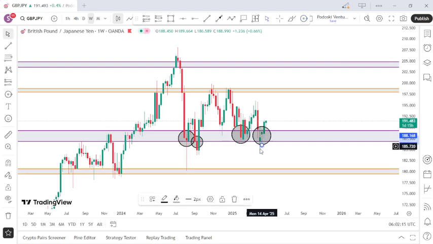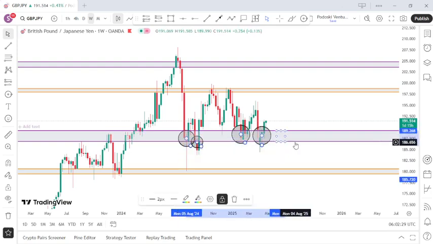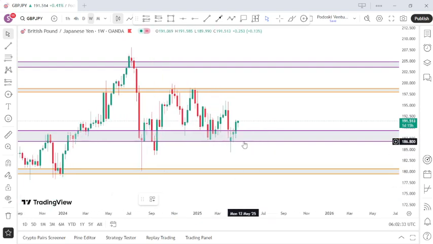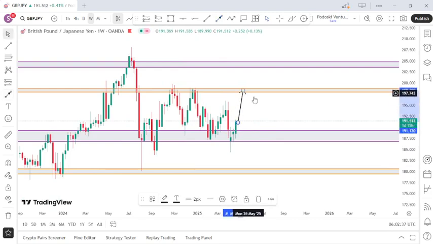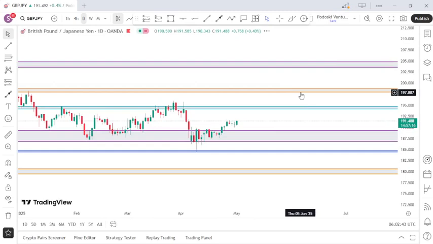Anytime price taps into this monthly midway zone, there is enough buying pressure to push price all the way to the upside again. So here we are going to be looking for buying opportunity all the way up to the weekly upper zone. So let's go to the daily.